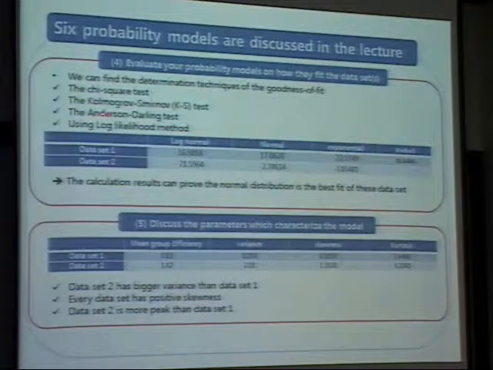The first one is the chi-square test, and the second one has a very difficult name; I'll just say the KS test, and the Anderson-Darling test, and using the log likelihood method. I already mentioned dfittool in MATLAB. It is a powerful tool. When analyzing the data, we can get the log likelihood value.